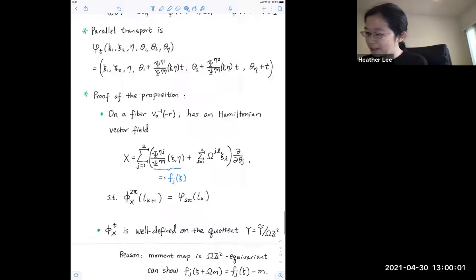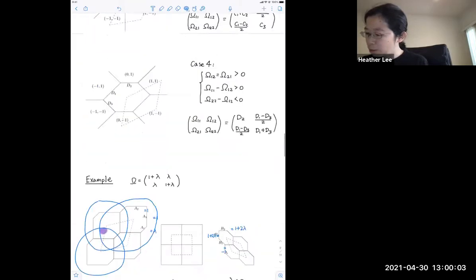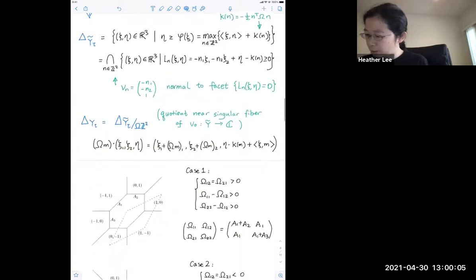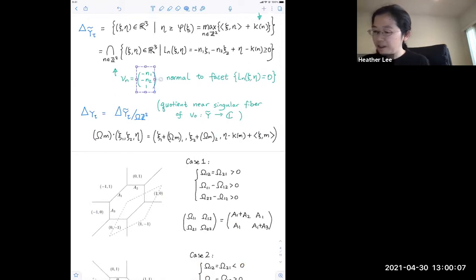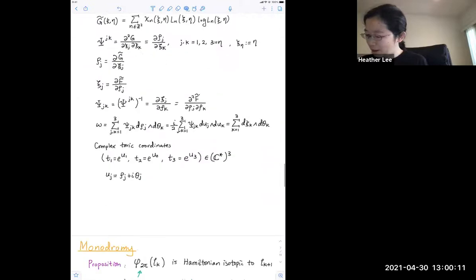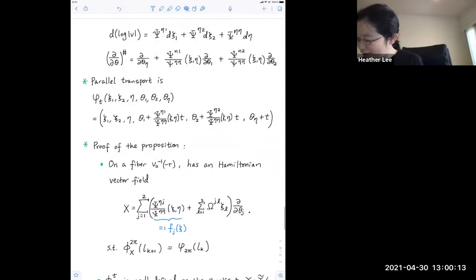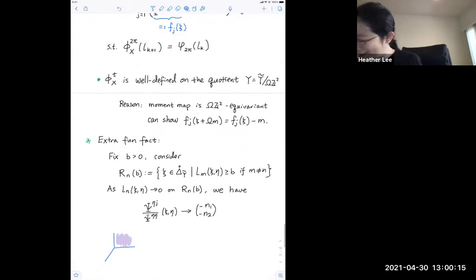So you can see that the first two components of the inward normal are given by minus n1, minus n2. Okay, so that's just a fun fact.